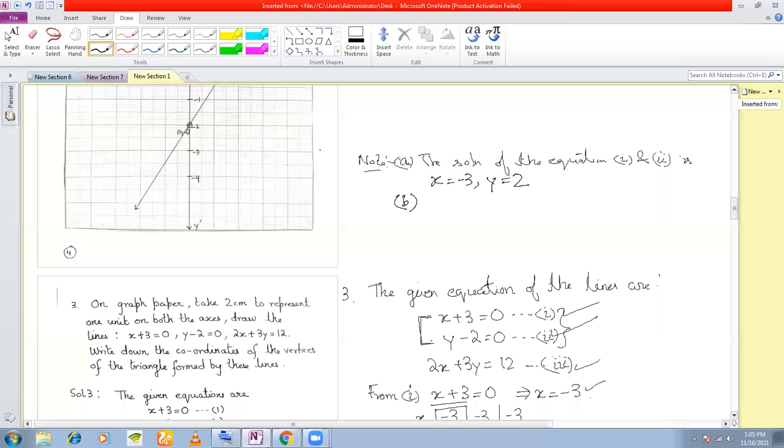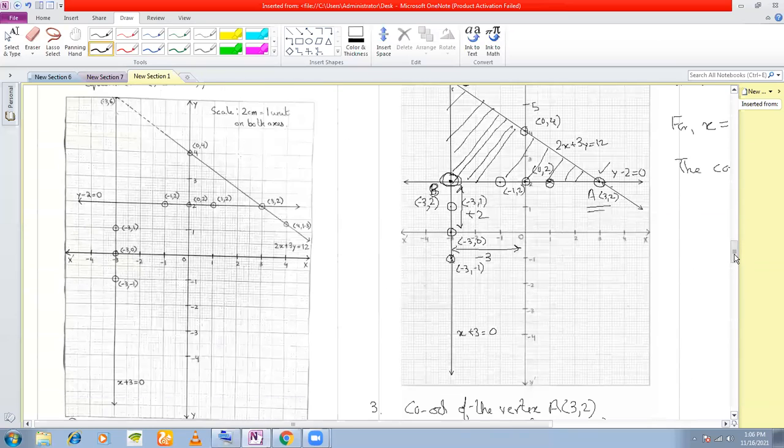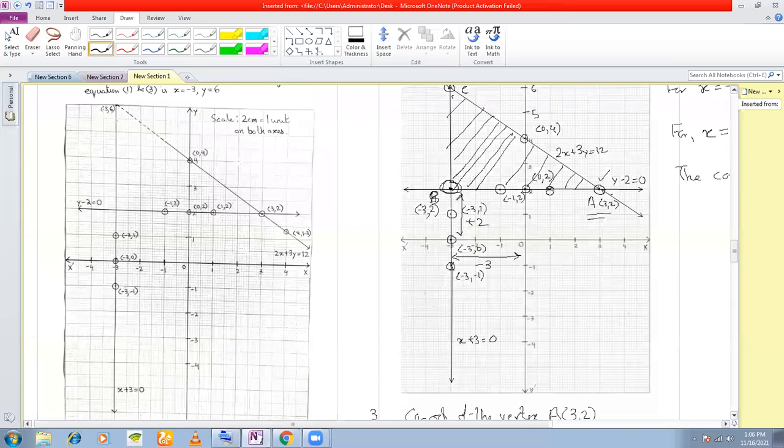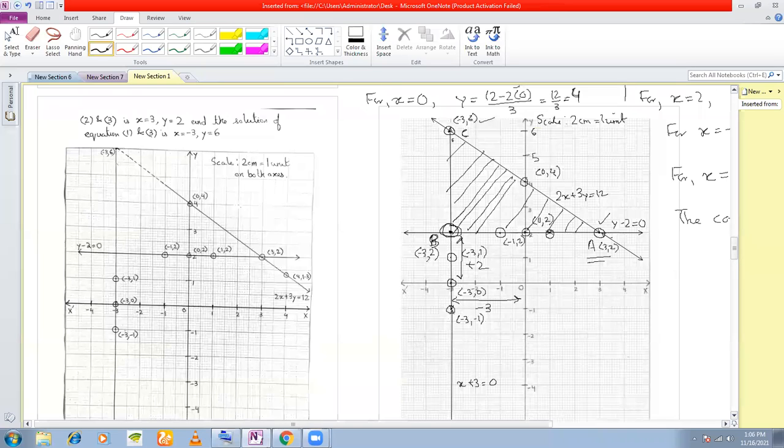Yes, sir. Now if I ask you what is the solution of these two simultaneous equations, you locate the lines. So x plus 3 is equal to 0 is this vertical line, right? And the third equation represents which one? This inclined line, isn't it? This line. What is the point of intersection?